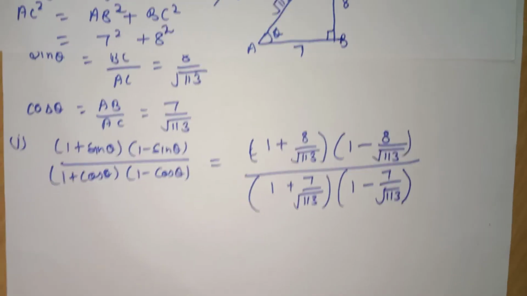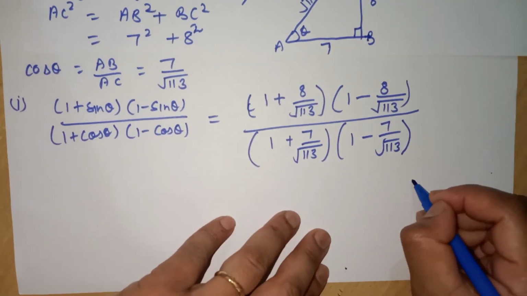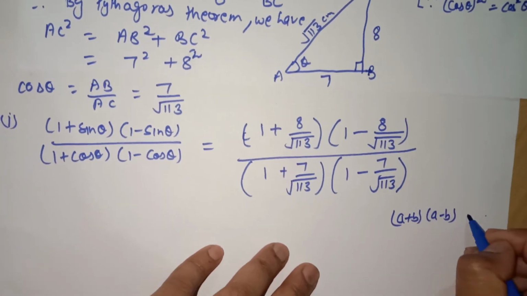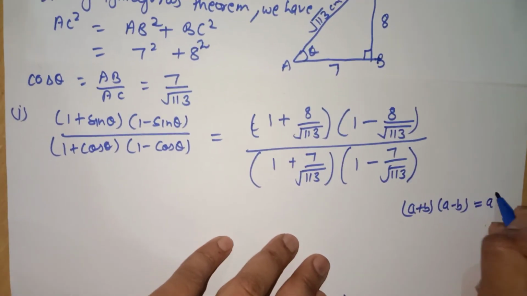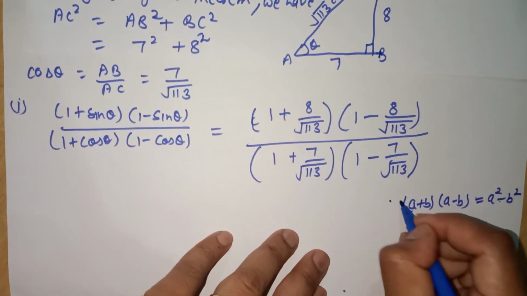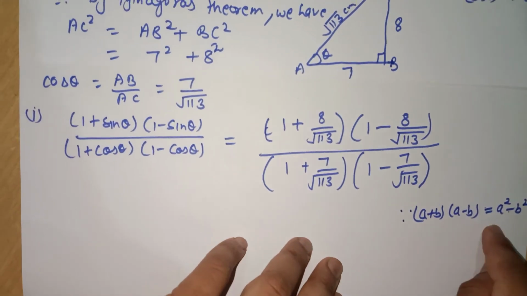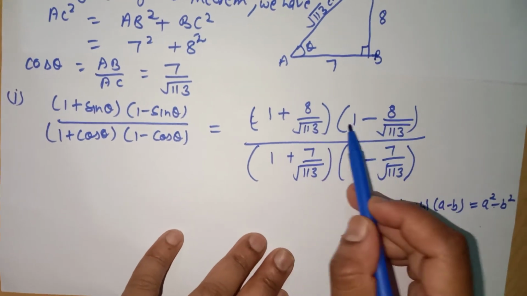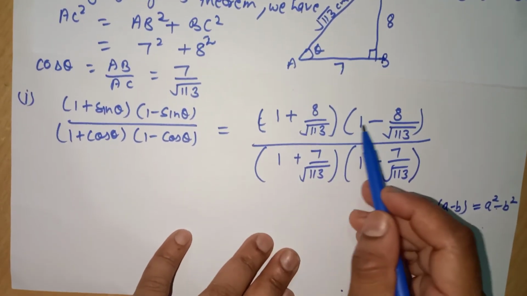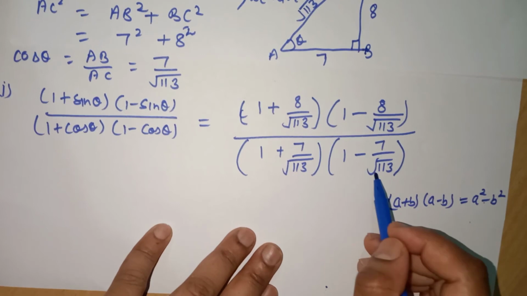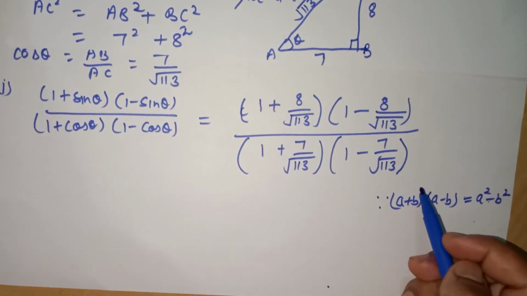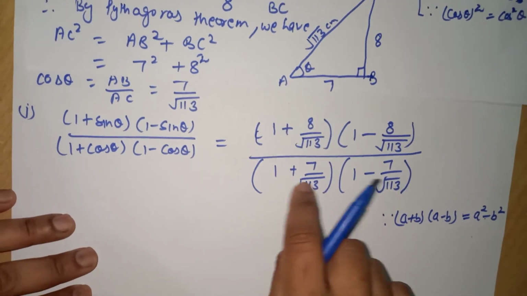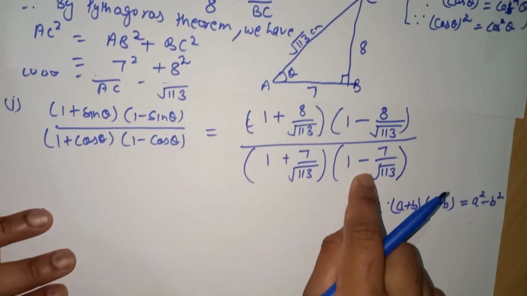Now friends, if you know the algebraic identity a plus b into a minus b is equal to a square minus b square, we will apply this algebraic identity here. Here this is a and this is b. Similarly we will also apply the formula a plus b into a minus b is equal to a square minus b square in the denominator.